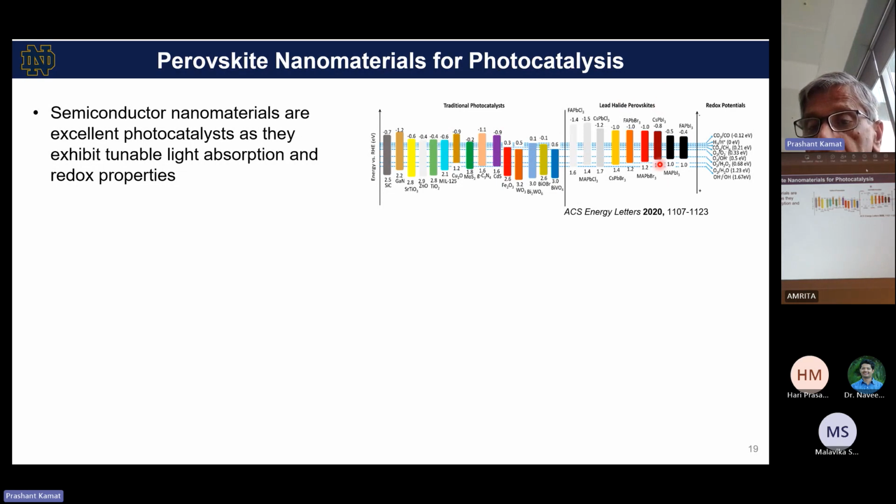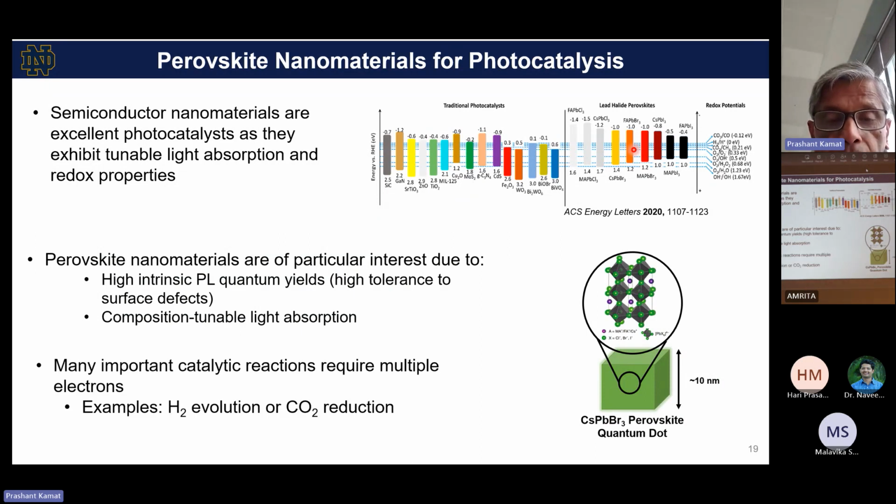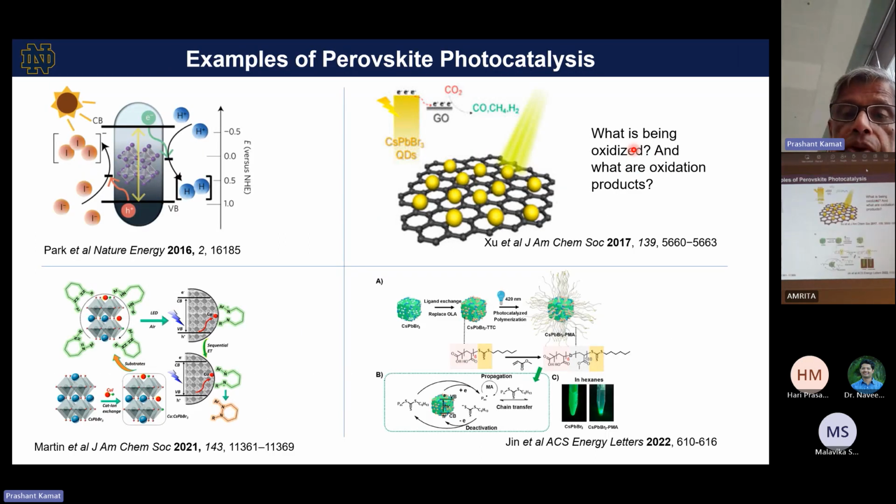But in metal halide perovskite, it's a very similar situation, but people wanted to explore how it can be done in these things. So we wanted to study these photocatalytic aspects of perovskite nanocrystals.